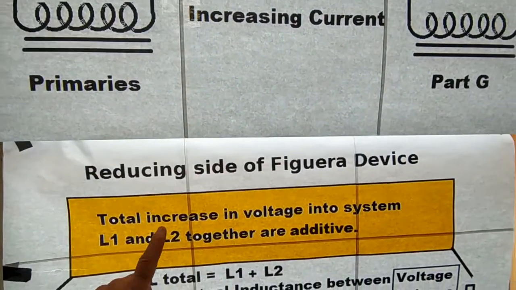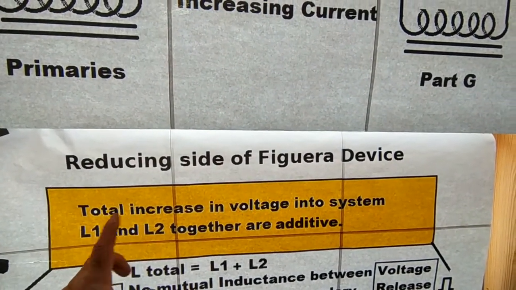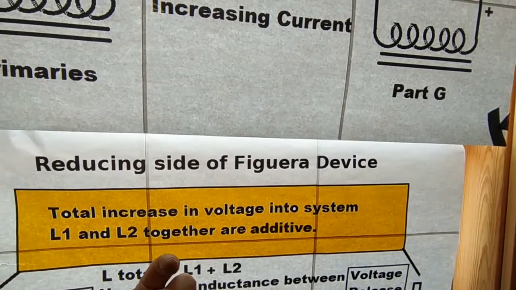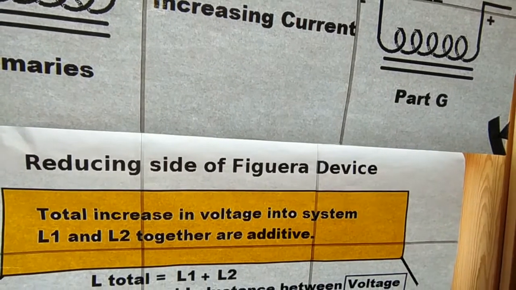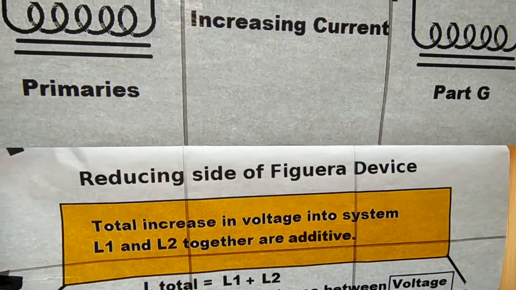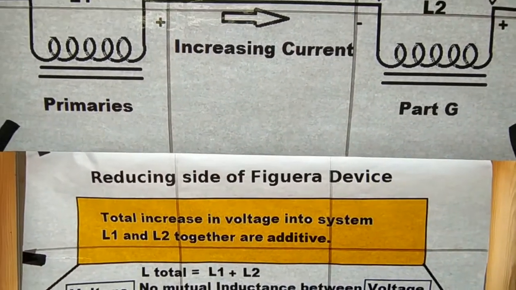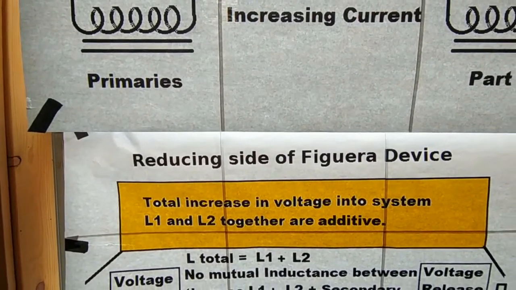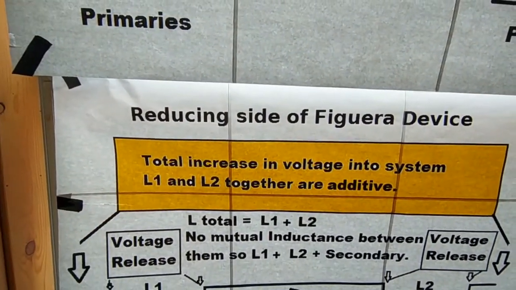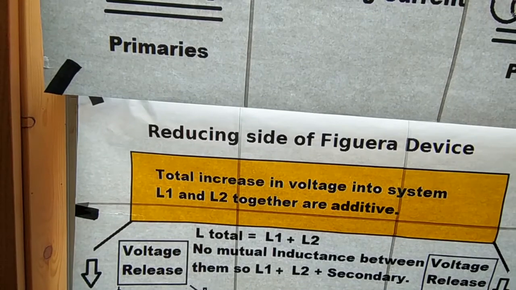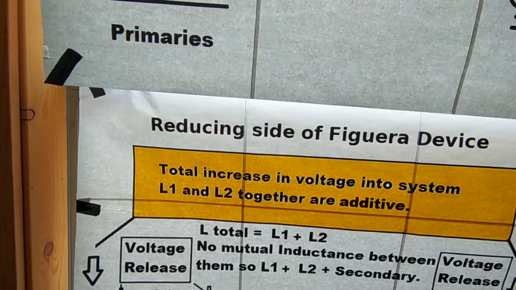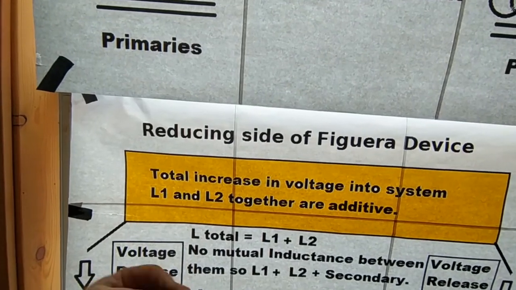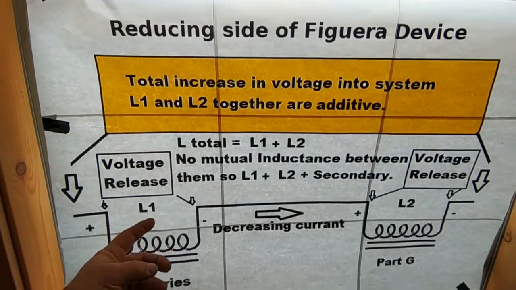Now, on the reducing side of the Figuera device, remember, there's part G, there's set N and set S, and you're splitting the inductor in two. So that means you basically have two halves. On the reducing side, when you increase the current, you increase the opposition to the original current flow. So that means you're releasing potential into the system.